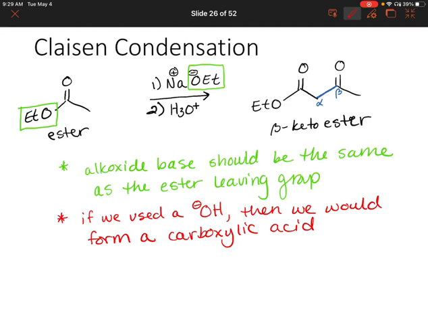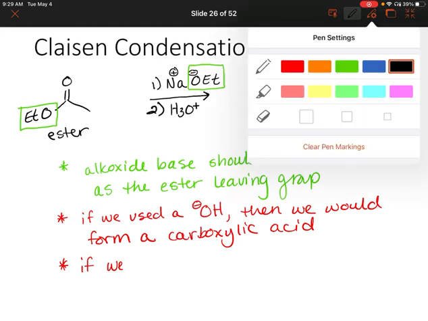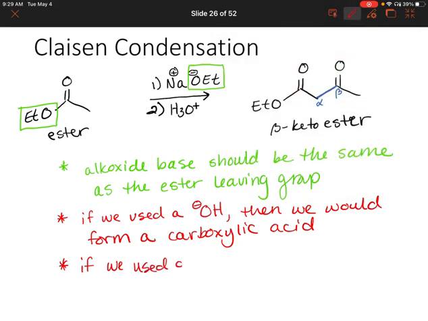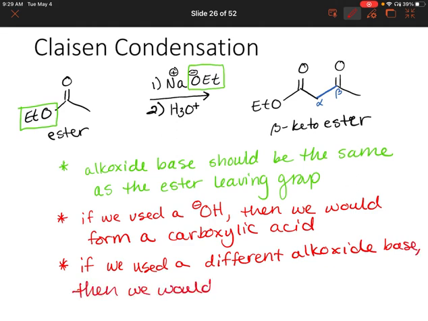Well, what if we use a different alkoxide ion? Like instead of the ethoxy group, what if we used methoxy or methoxide base? So if we used a different alkoxide, then we would perform transesterification.